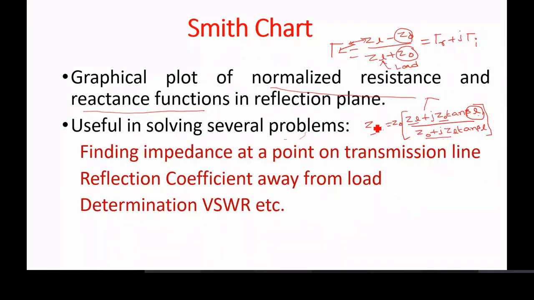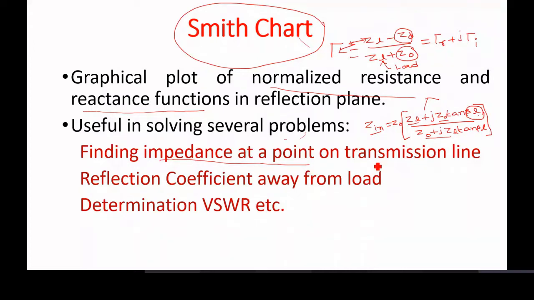But with the help of the Smith chart, we can easily find the impedance value. This is the useful part. We use this Smith chart for finding impedance at any point on the transmission line.